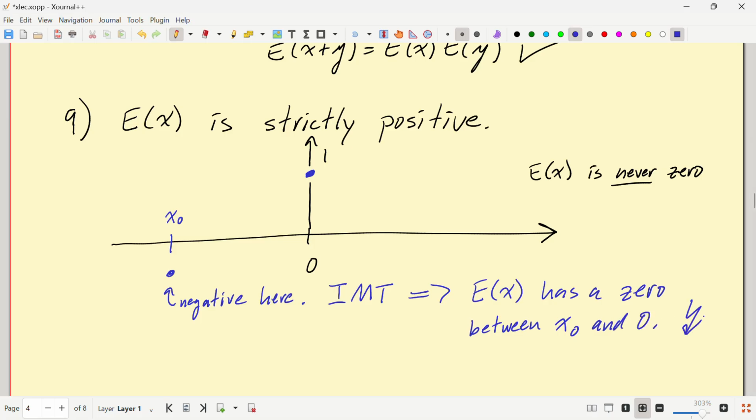And that's a contradiction. So of course it can never be negative. It's always strictly positive.